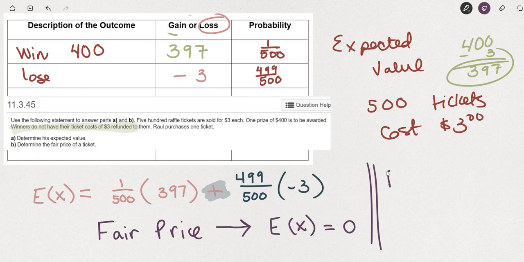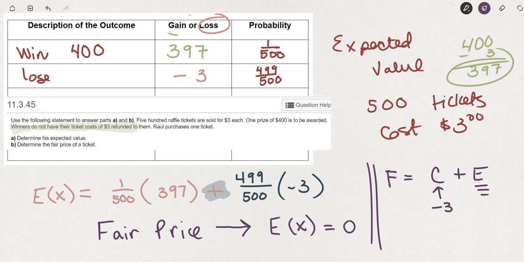So the fair price is going to be the cost plus the expected value. Once you have the expected value, we can add the expected value to the -3, and that'll give us the fair price. I hope that that helps with this problem.